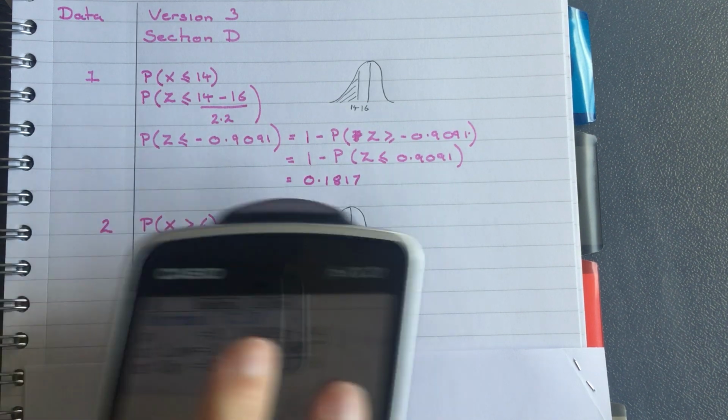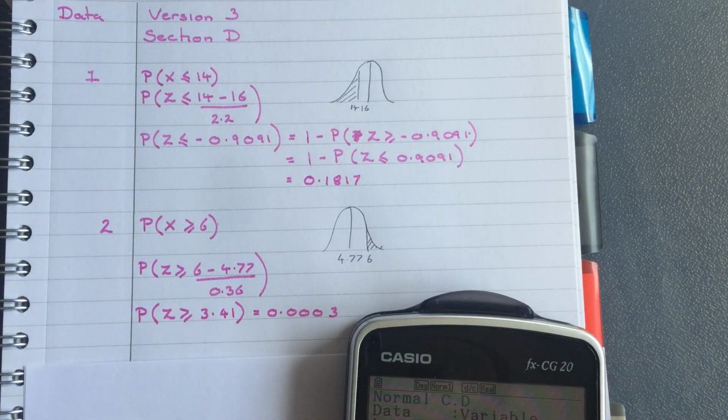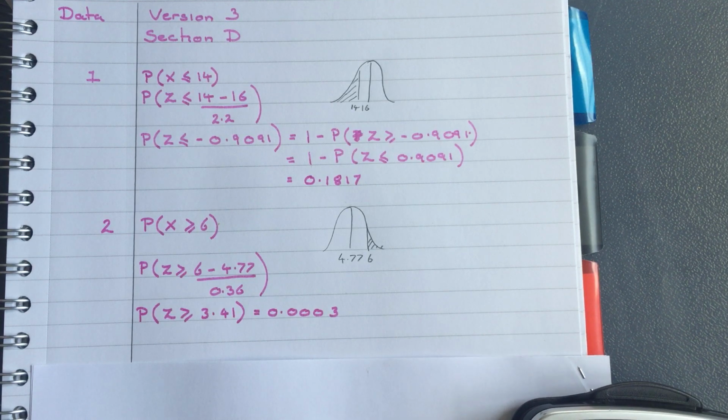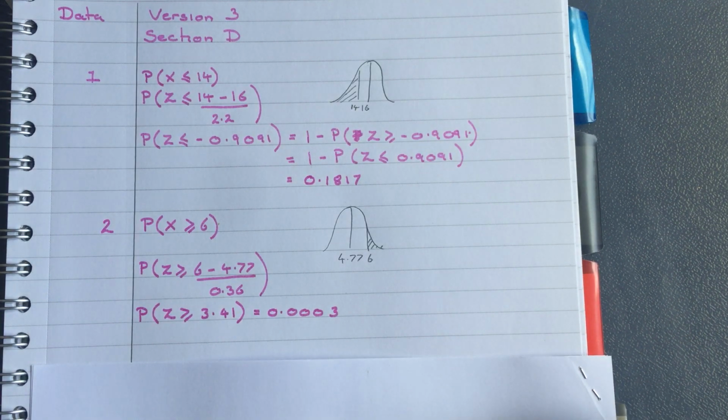That sounds wrong. So checking what we've written, we've got a mean of 4.77, a standard deviation of 0.36, and a lower bound of 6. That's fine. It's just tiny.